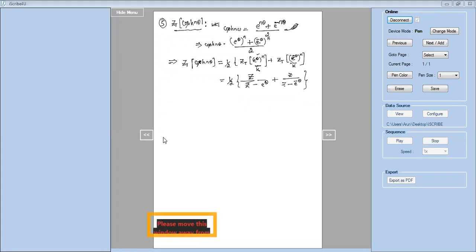So let us simplify this. This is equal to 1 by 2 into, let us take LCM.